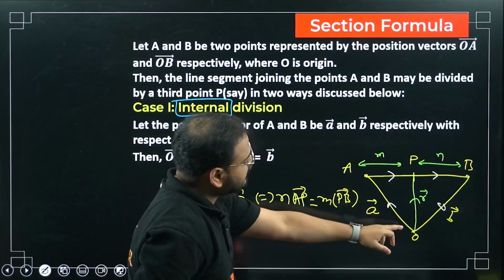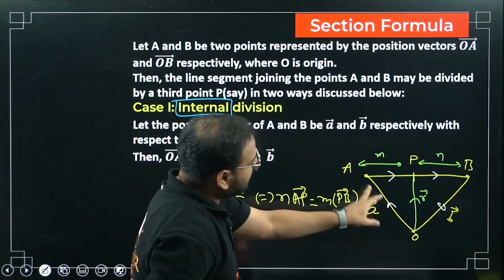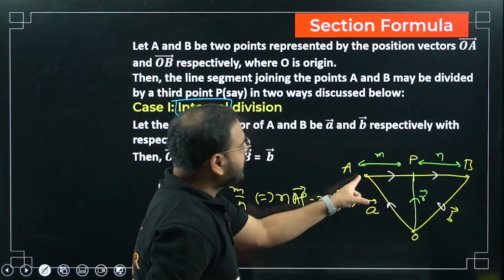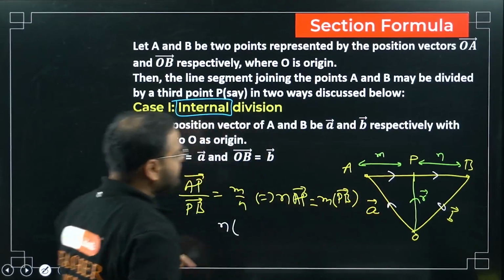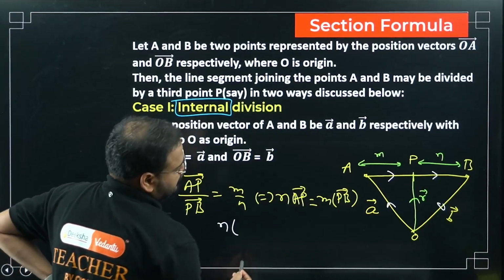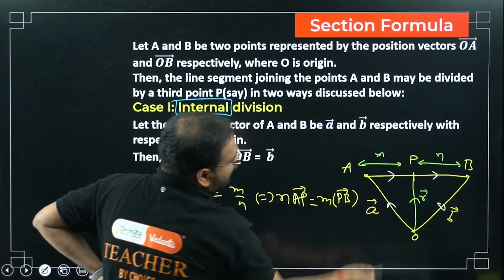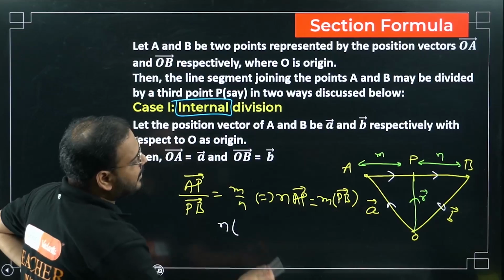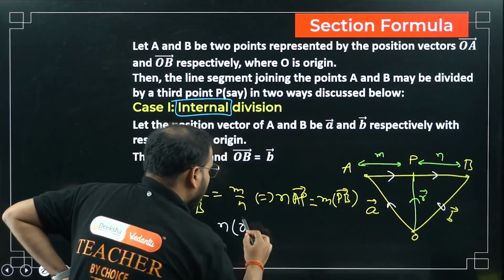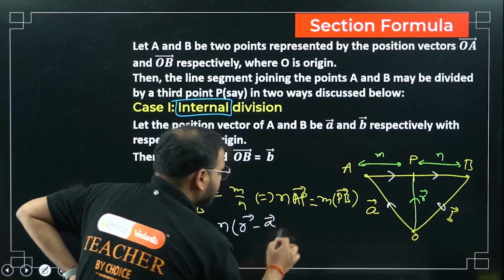It means A is the terminal point of the vector OA and also the initial point of the vector AP. So the resultant vector will be R equals AP plus OA. I'm looking to find AP, so AP will be R minus A. Please have a look.